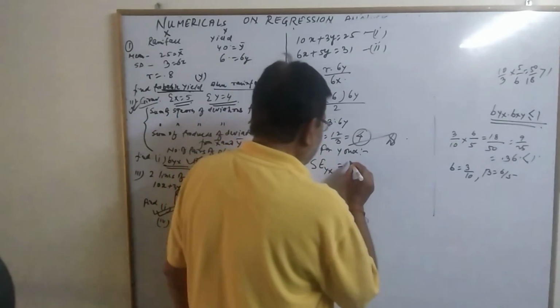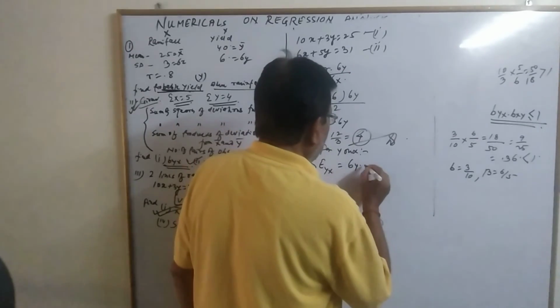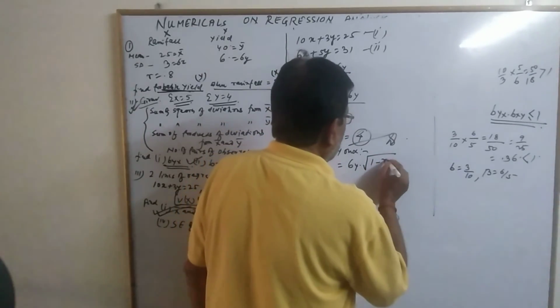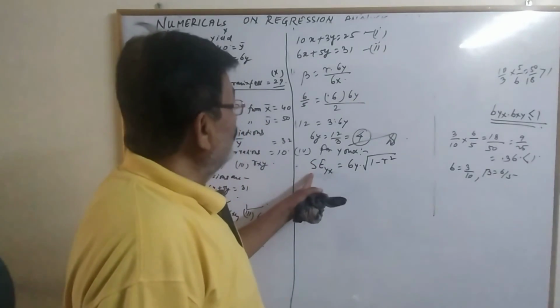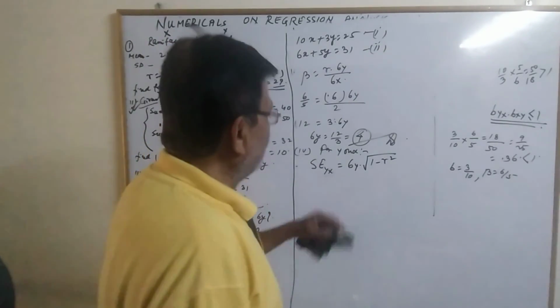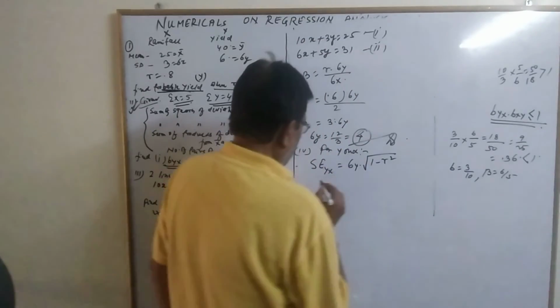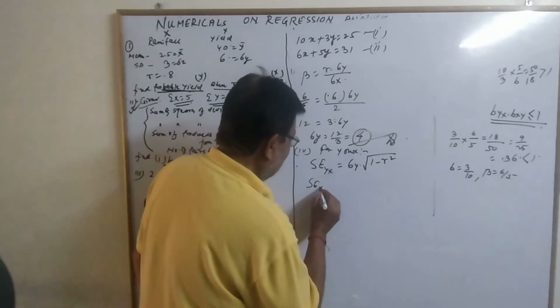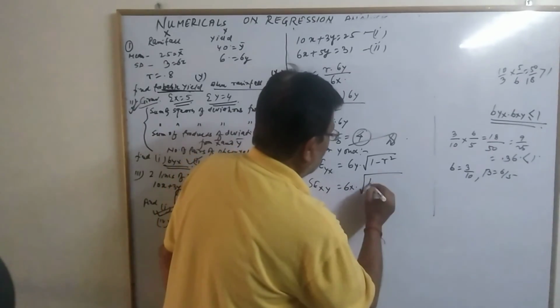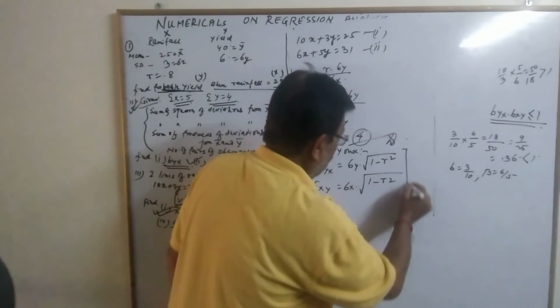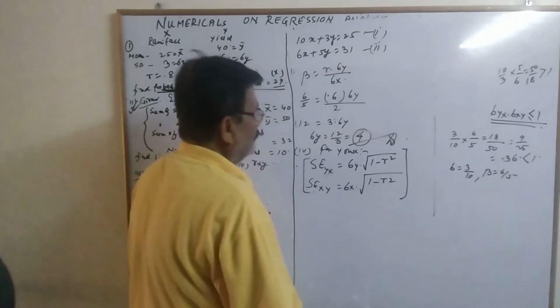It is sigma y into square root of 1 minus r square. This is the standard error for y on x. Had it been x on y, the standard error of x on y would be sigma x into square root of 1 minus r square. These two formulas must be kept in memory.